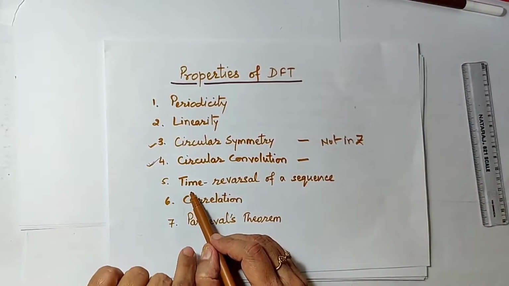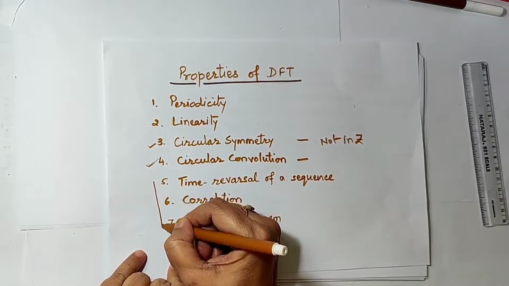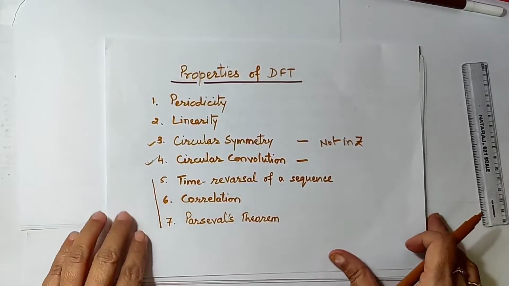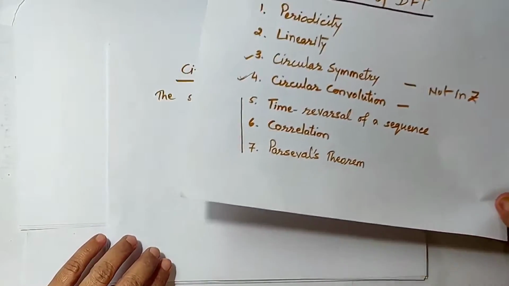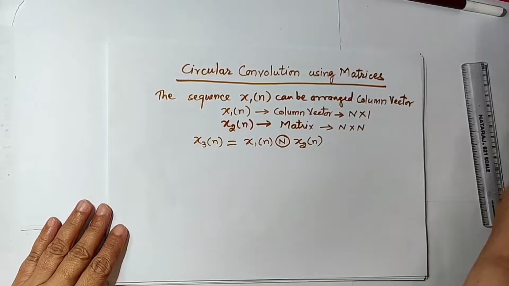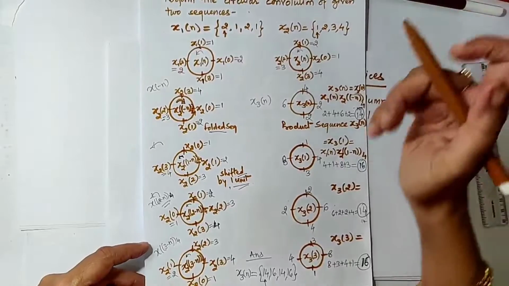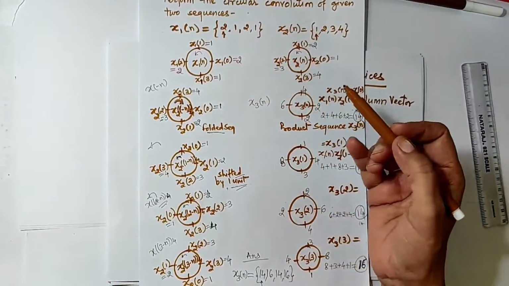Before starting the time reversal, correlation, and these three properties, in the last lecture we considered one numerical. We discussed the graphical method of solving circular convolution of two sequences.